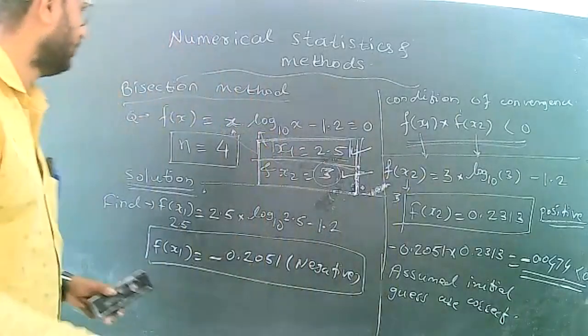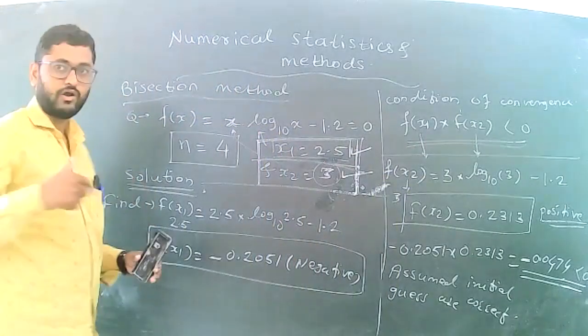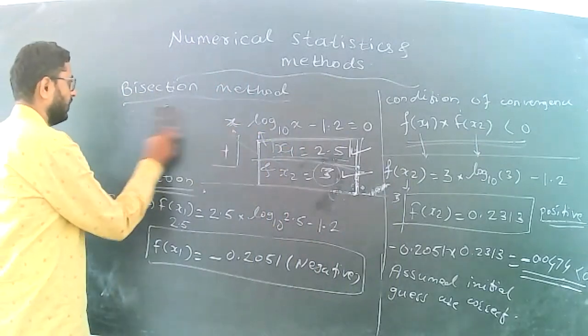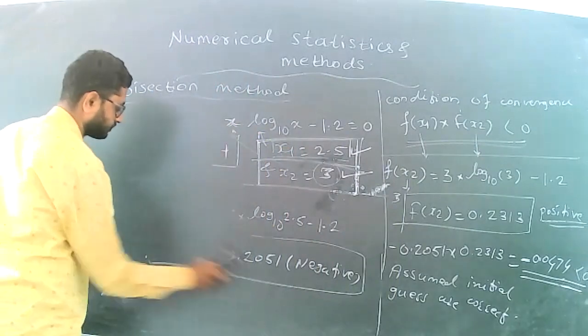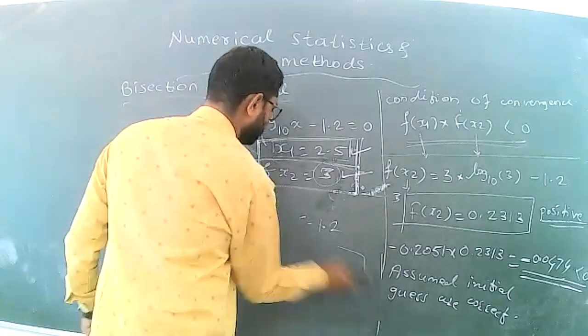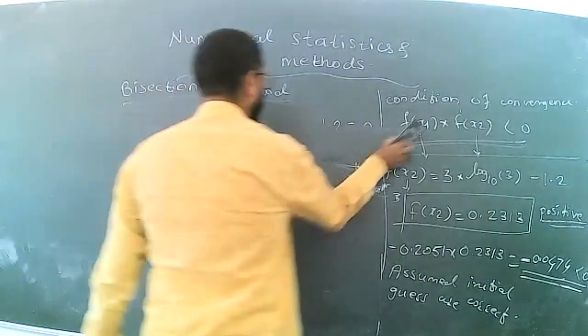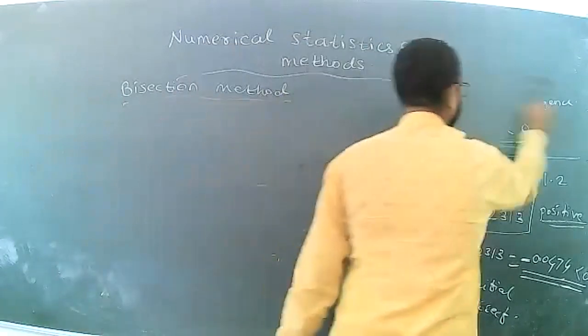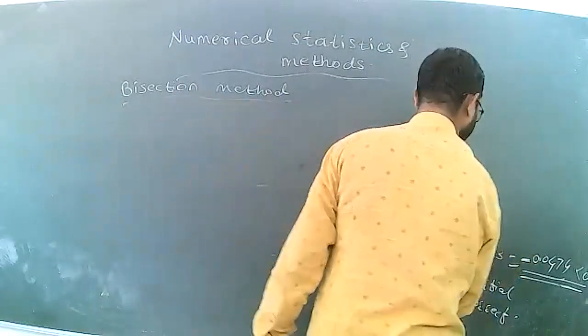The next step is to perform iteration number 1. What is the procedure for the first iteration?